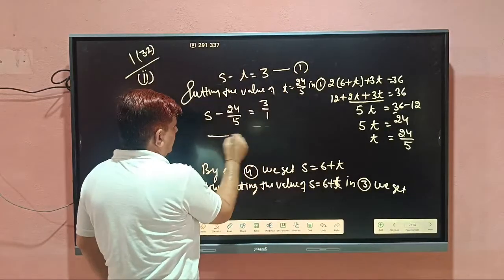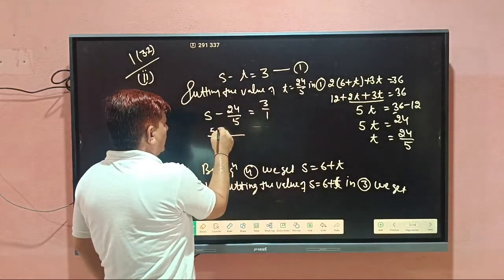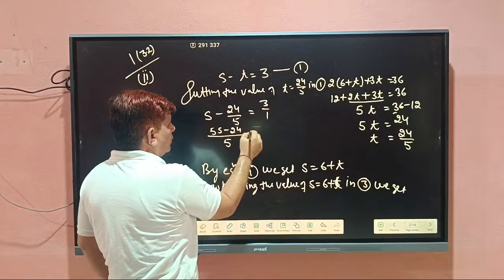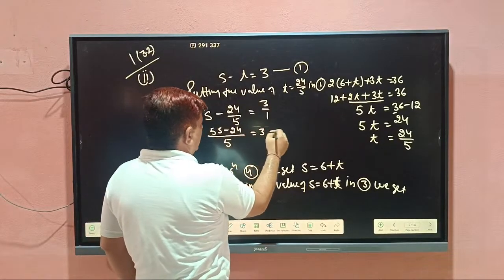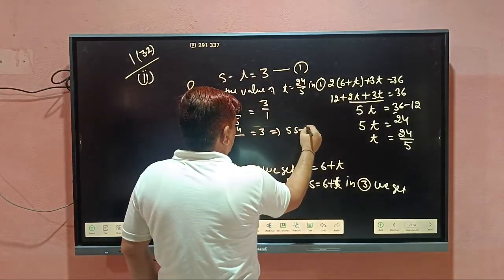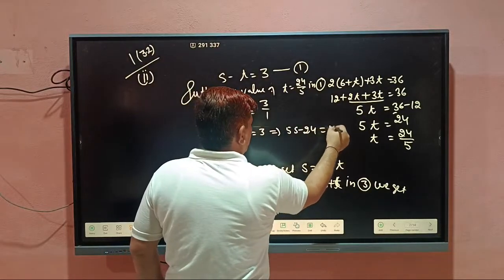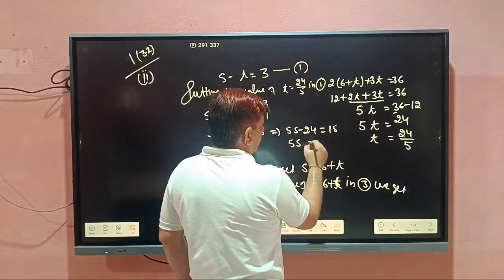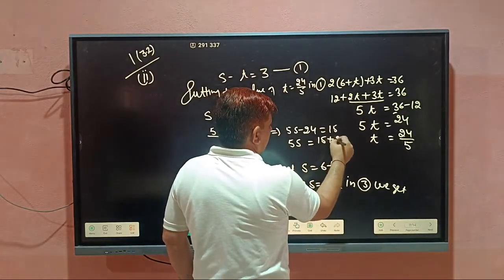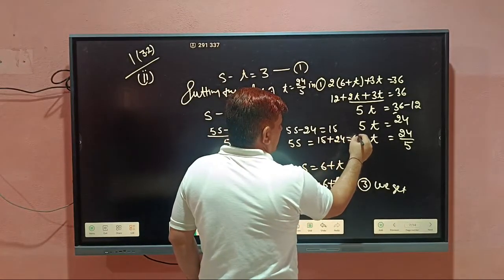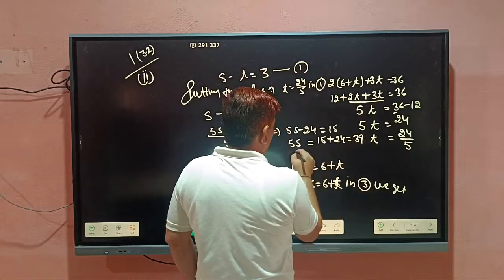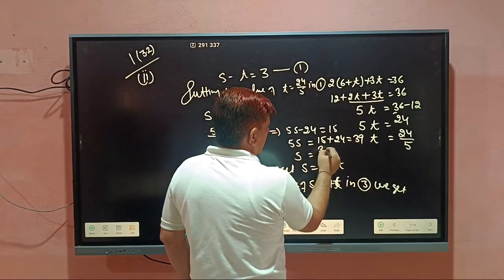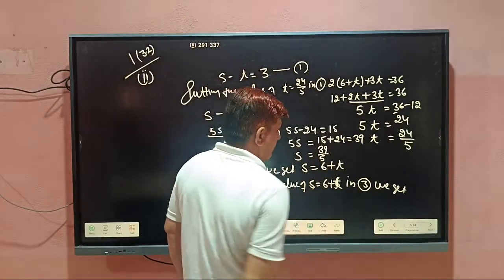We can say 5 is your LCM. 5s minus 24 is equal to 3, this implies 5s minus 24 equal to 15. 5s equal to 15 plus 24. How much? 39. So s equal to 39 by 5.